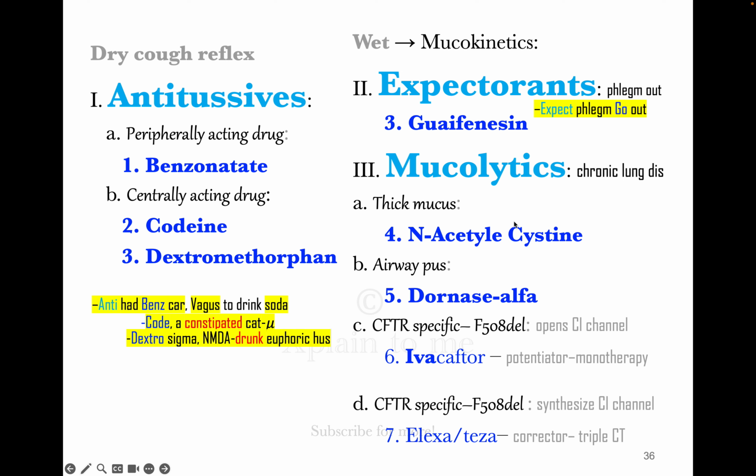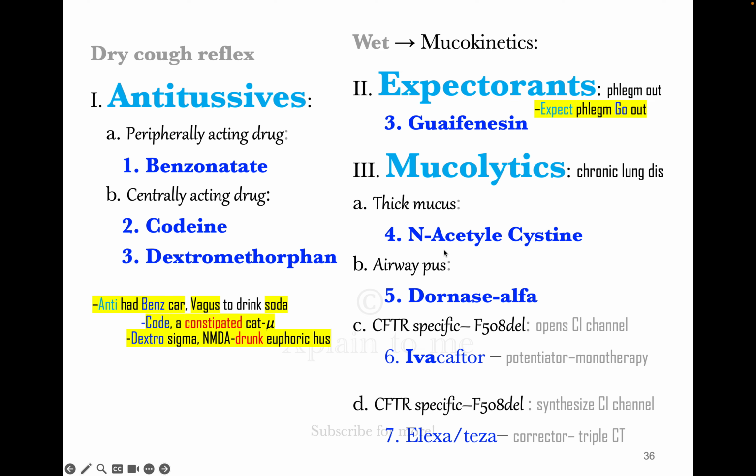So keep in mind, mucus has a lot of thick material, and to make it thick, it has that disulfide bond. So here, this disulfide bond can be chopped down like with scissors. NAC can be chopping it down. How? NAC has an additional free sulfhydryl group.